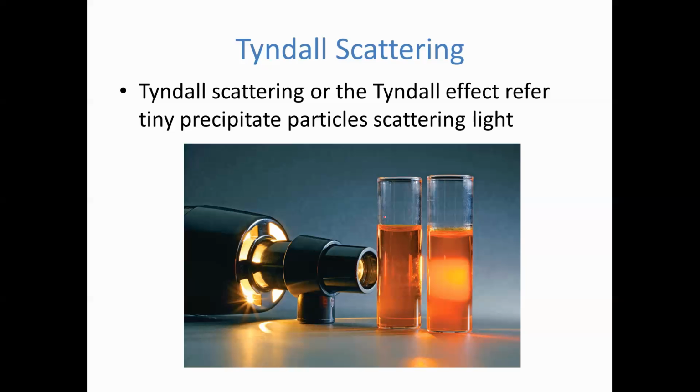So we have here 2 containers of fluid. They look quite similar to the naked eye. But notice they look very different once we actually shine this bright light on them. So right here we have a solution with no precipitate.